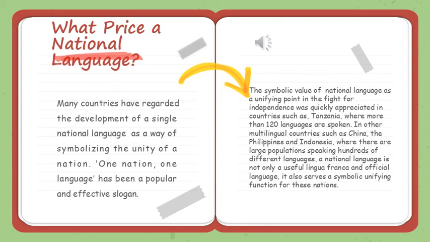In other multilingual countries such as China, the Philippines, and Indonesia, where there are large populations speaking hundreds of different languages, a national language is not only a useful lingua franca and official language, it also serves a symbolic unifying function for these nations.